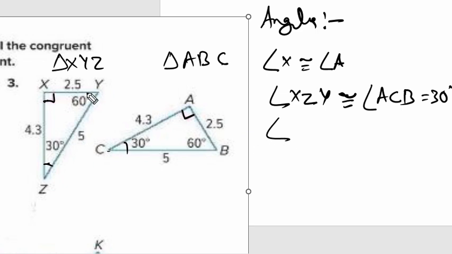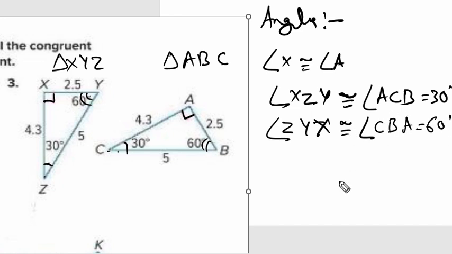Now angle 60-degree, 60-degree. ZYX is congruent to angle, you guys tell me now. ZYX, so here CBA. Both are 60-degree. This is how you will look, right?